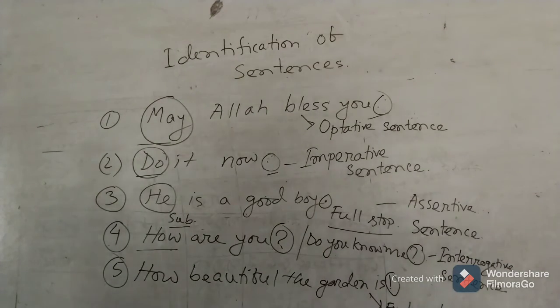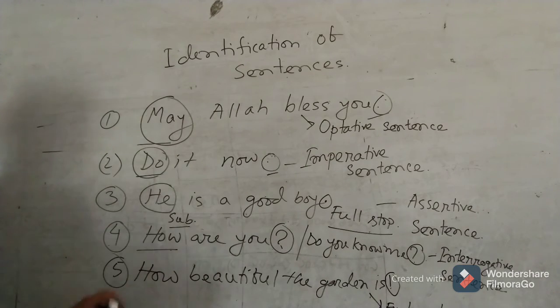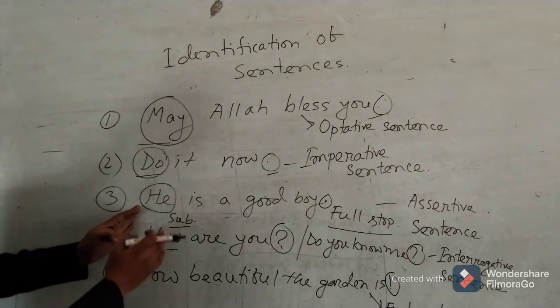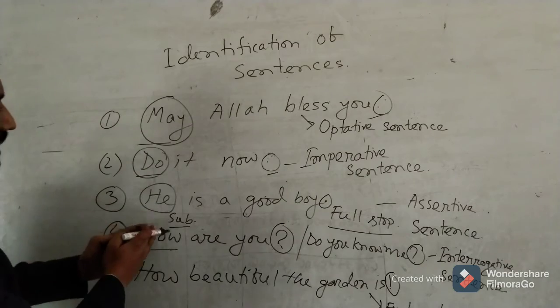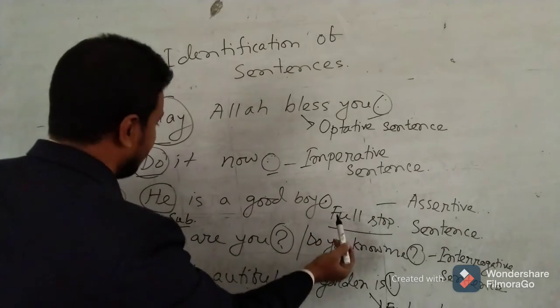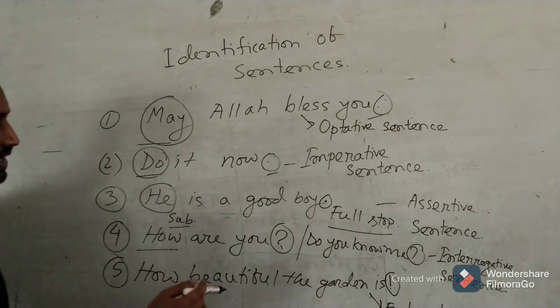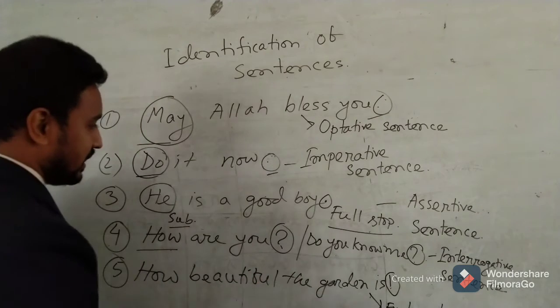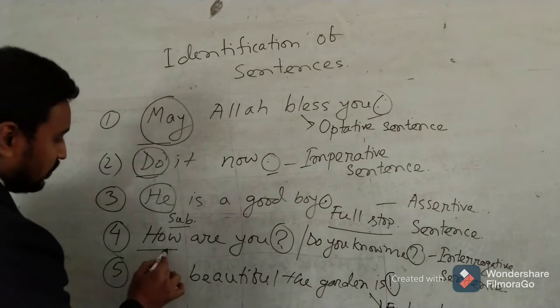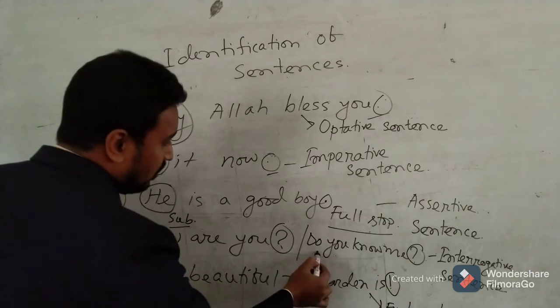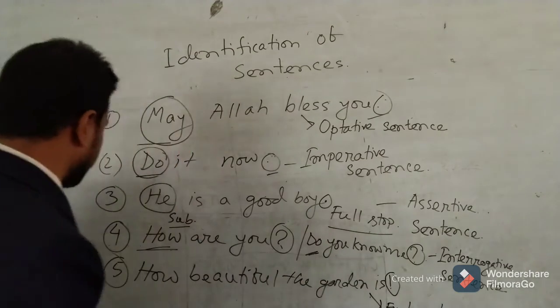Okay, let's talk about the topic again. Assertive sentence will get a subject at the beginning and a full stop at the end. Interrogative sentence will get a question mark. The sentence may start with a WH word or auxiliary verb.